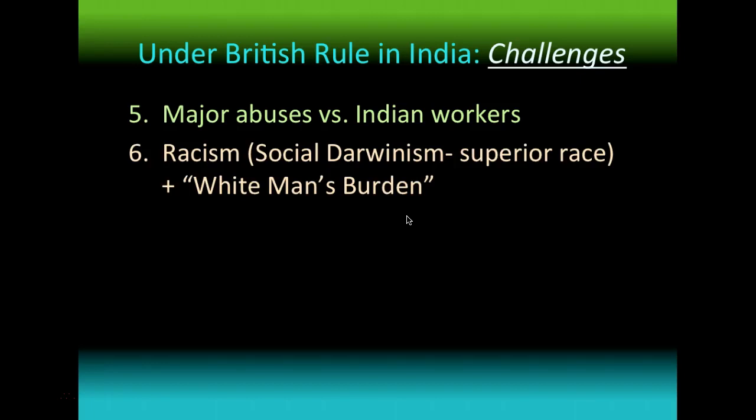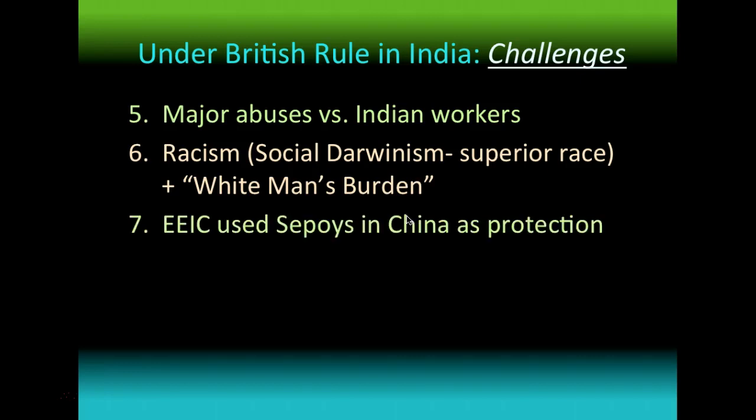Again, racism, and then there's also that white man's burden, the idea that it is the need of white men to help the other races. The superior white race has to help the other races, and that's white man's burden. And they help them by turning them into slave-like workers and abusing them and beating them up to train them to become better people somehow. That's the logic or illogic behind social Darwinism and the idea of white man's burden and the moral push for colonialism in other parts of the world.